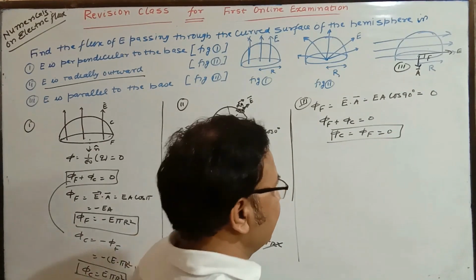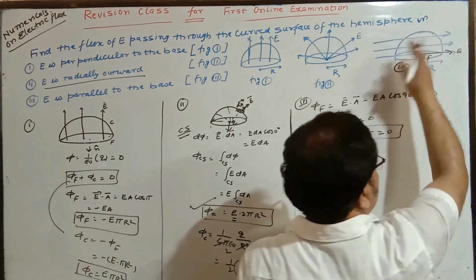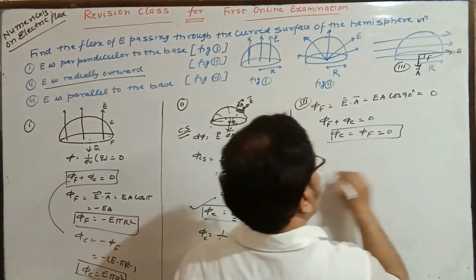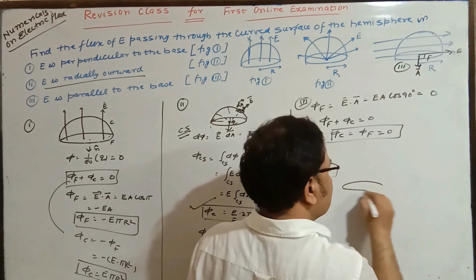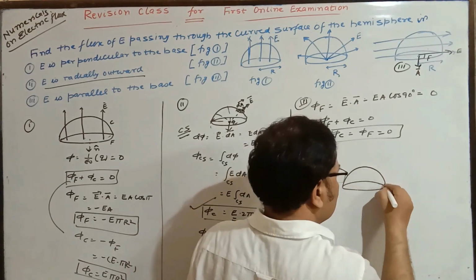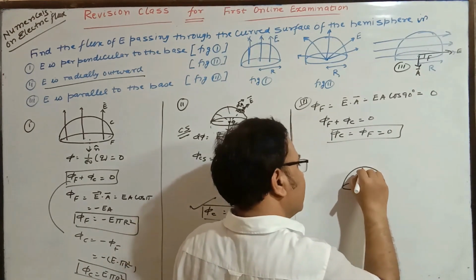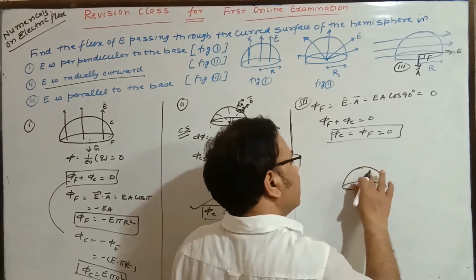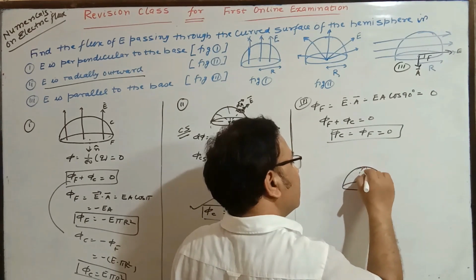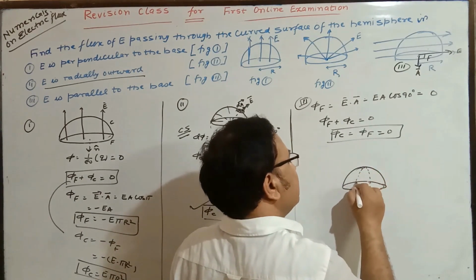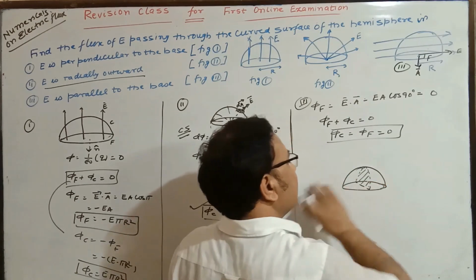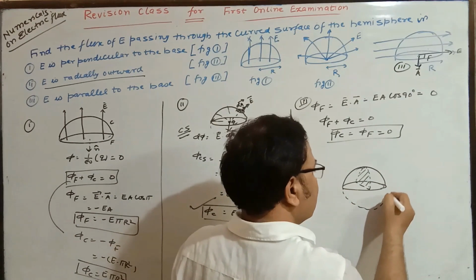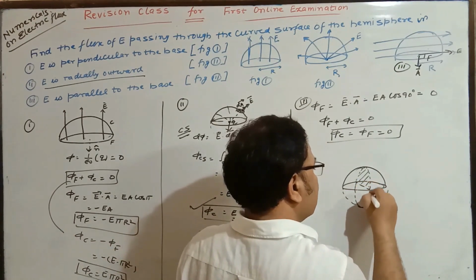But if it is asked, what is the flux falling on this or coming out of this? Then you make the sphere somewhat like this, and this is the zone through which the flux is coming out. If you complete the whole sphere, it looks somewhat like this.